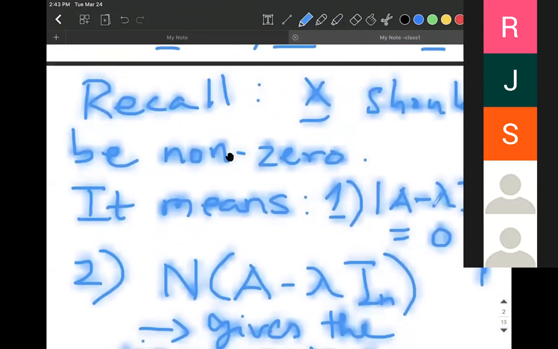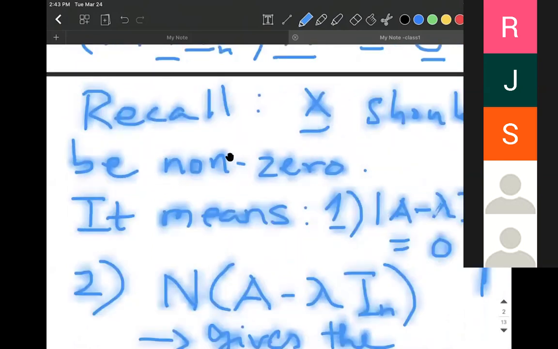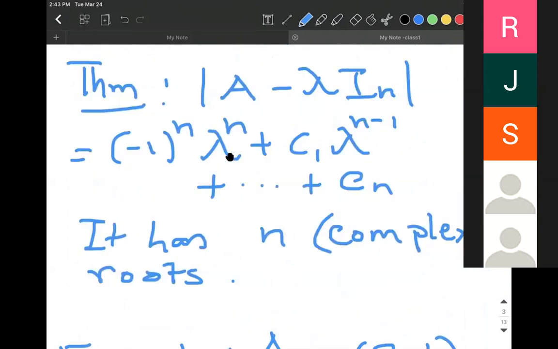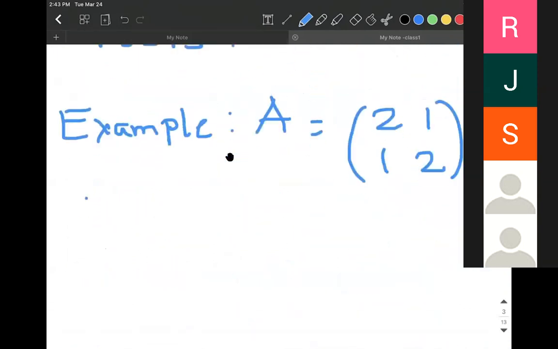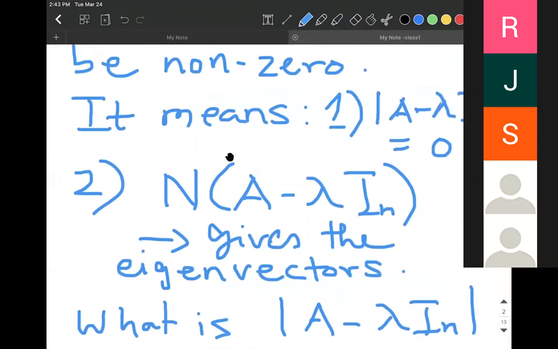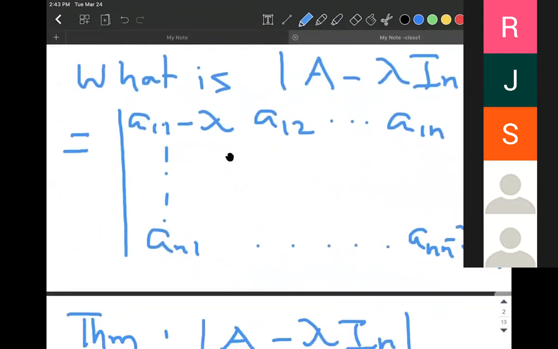This equation, that the determinant of A minus lambda I_n equals 0, we call the characteristic equation.